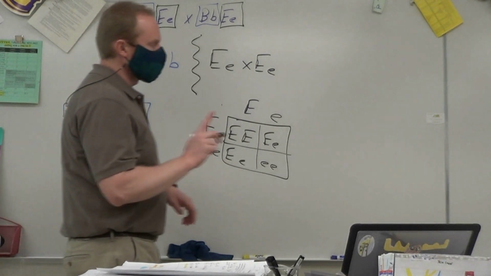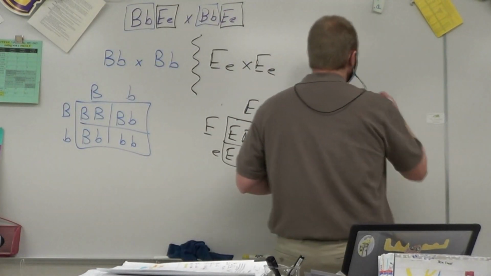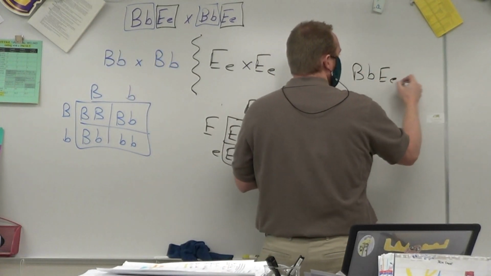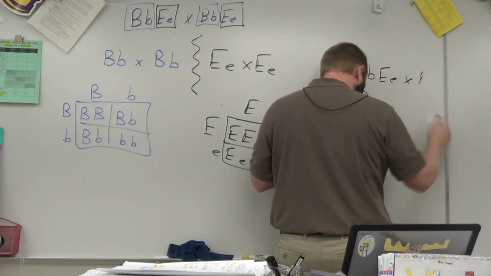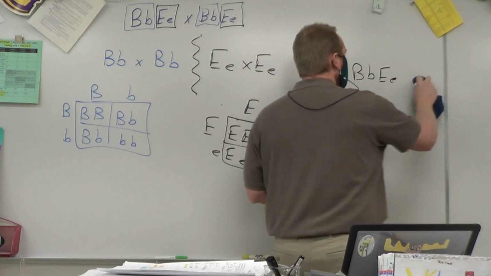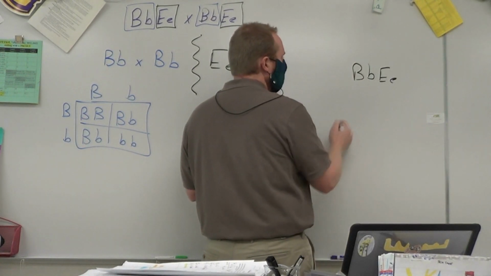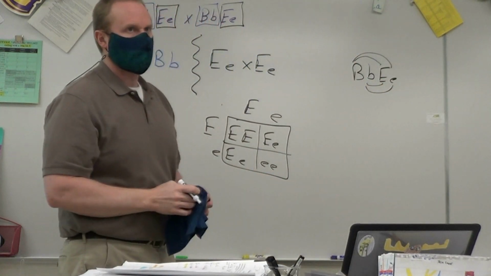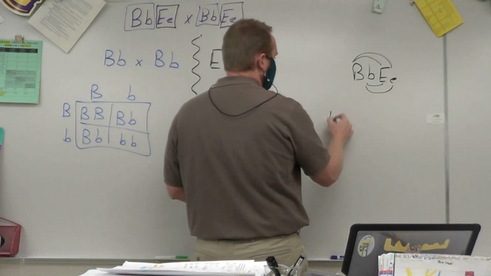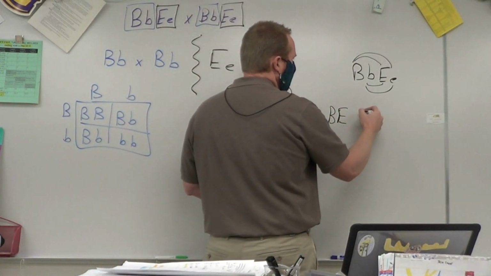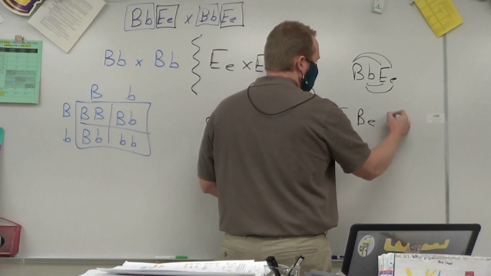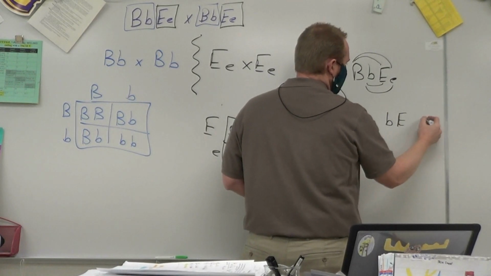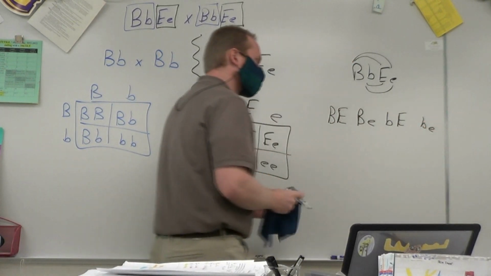Now, the other way we can do this, and we'll look at it all together, is we go back to that third one up top, and we say, what are all the possible combinations of B's and E's that we could get? So there are 4 different possibilities. We could go big B, big E; we could go big B, little e; we could go little b, big E; or we could go little b, little e.